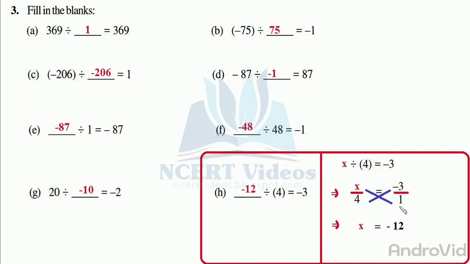Now you have to do cross multiplication. That is, this numerator is multiplied with the other side denominator, and this numerator is multiplied with the other side denominator. So x into 1 is x, equal to 4 into 3 is 12, and minus sign is also there, therefore minus. So the answer came out to be minus 12. So your answer is here minus 12. So this is how you do question number 3.